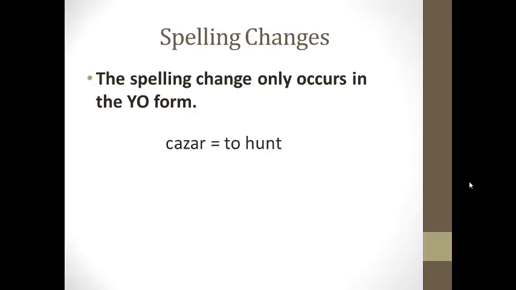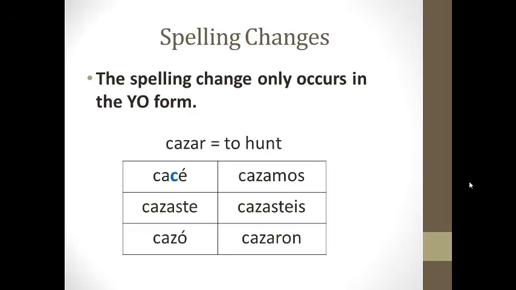Aquí tenemos cazar. One of your new vocab words, to hunt. Completely normal in conjugation, you have cacé, cazaste, cazó, cazamos, y cazaron. Again, changing in the yo form only, your Z to C.